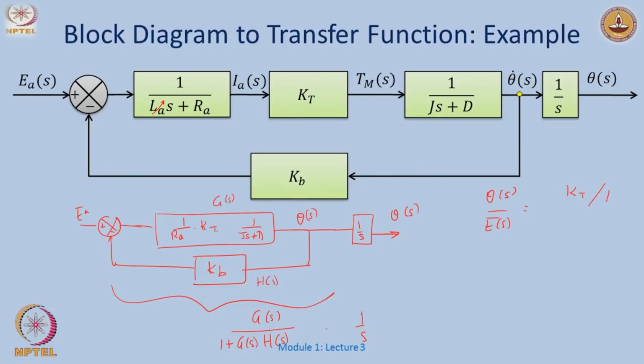Kt over Ra over Js square plus s d plus Kt times Kb, entire thing multiplied by Ra. You can just do this calculation from here to here.